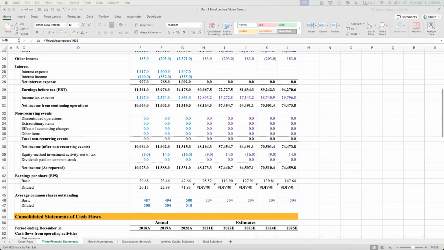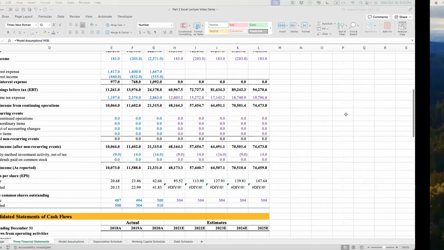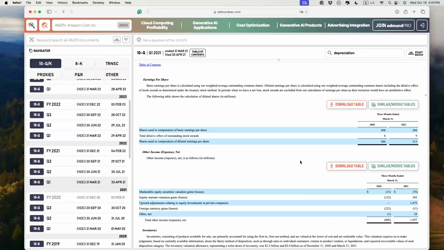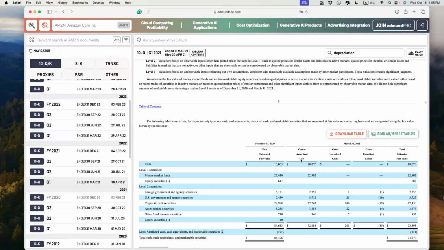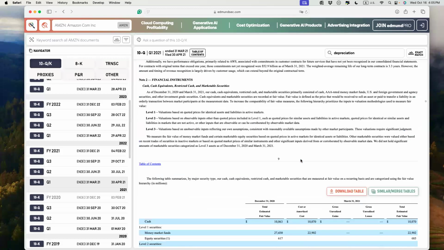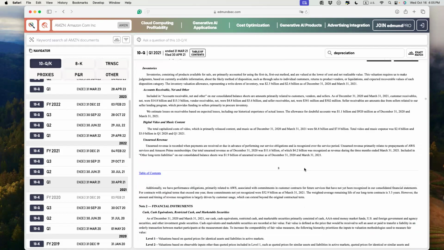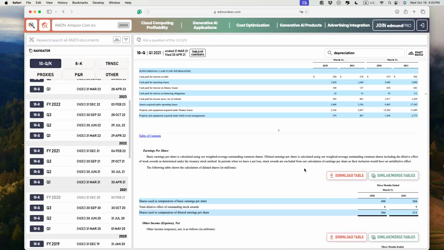And then for the diluted shares, of course, you can go back to your 10-Qs under the income statements and find the diluted shares, or you can go to the 10-K and see whether they have options. We're going to talk about diluted shares later on in our valuation model, especially the relative valuation model.